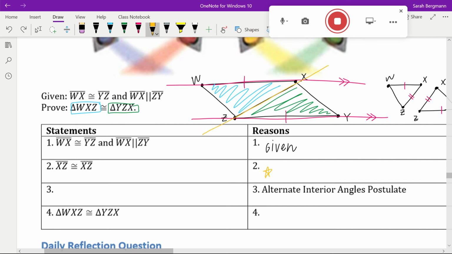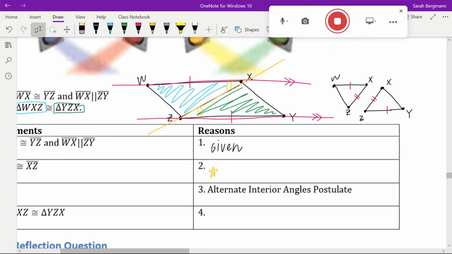So let's look at a different transversal. How about this one? The alternate interior angles would either be here and here, or here and here. Notice with this example, the angle goes outside of the triangle. So I want to stick with these.